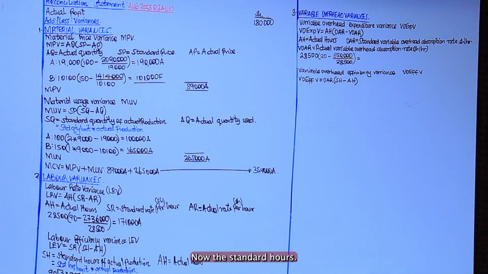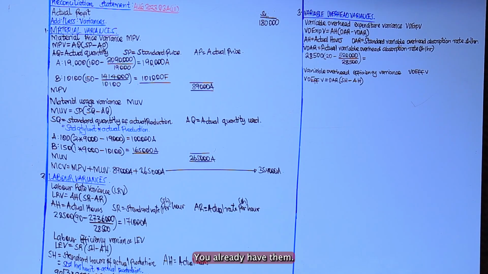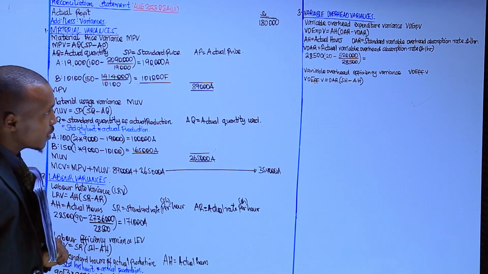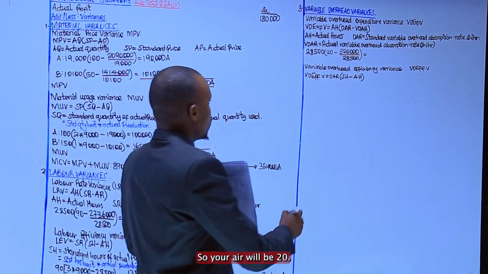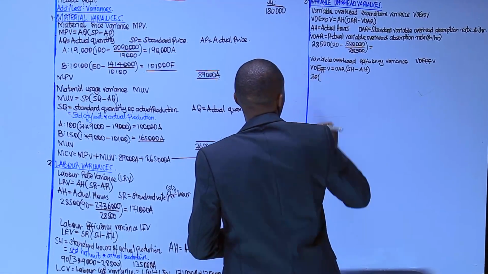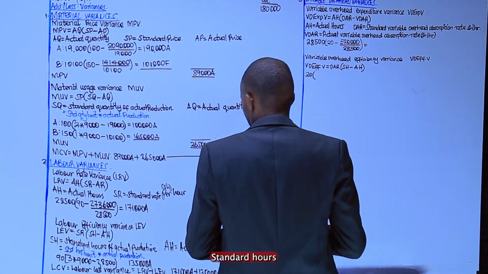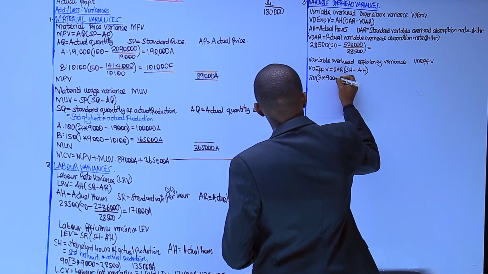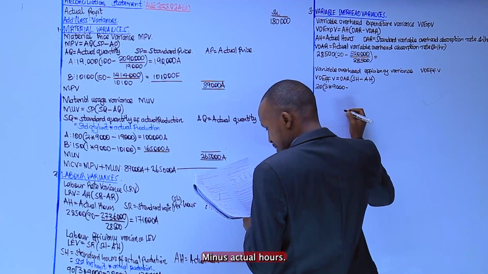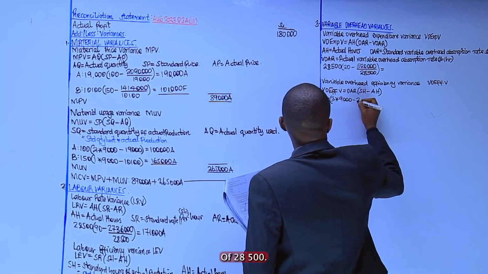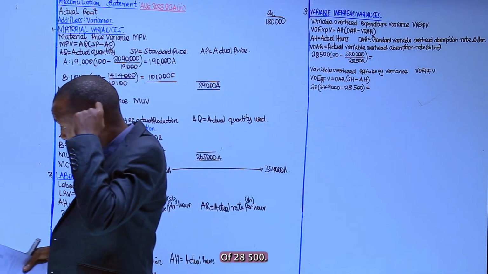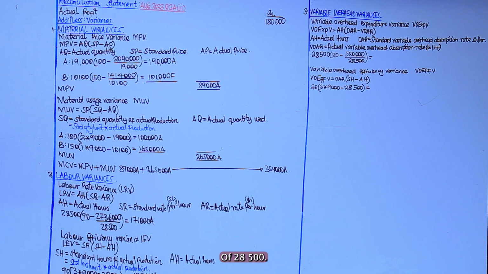Let's go and see. Now, the standard hours, you already have them somewhere. Your standard hours were somewhere, and here they are. Your actual hours, you still have them. So your OAR will be 20. Standard hours were 3 by 9,000 minus actual hours of 28,500.